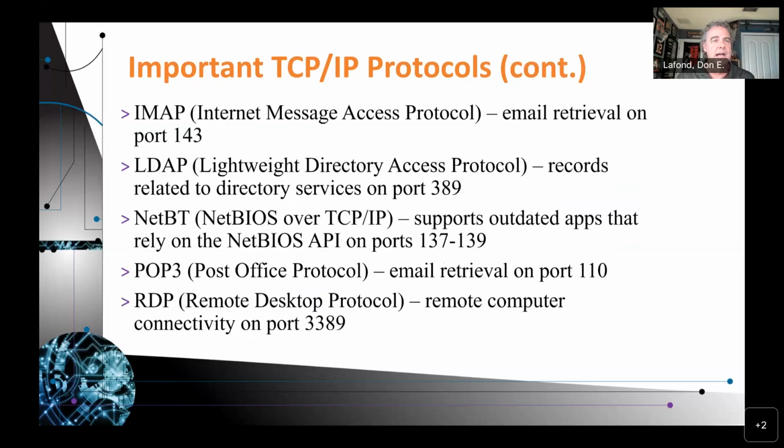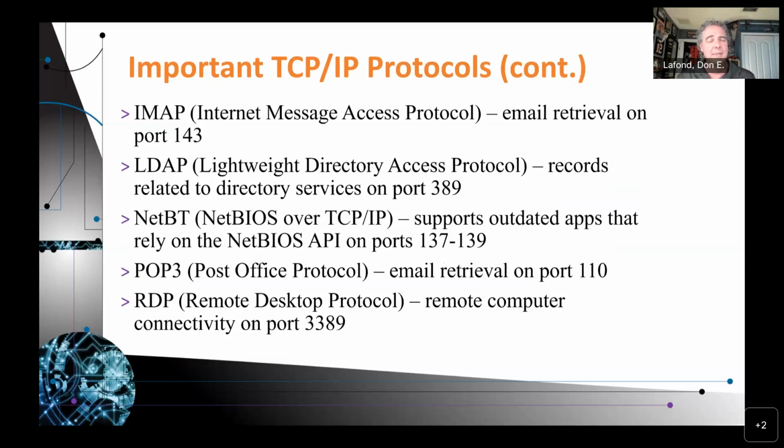Some more. IMAP is for mapping addresses, email received. That does not go away when you download it. I think we already talked about that in this class. If not, it's in my Cisco class. We just covered it. But POP, when you download it, it goes away. That's port 110.